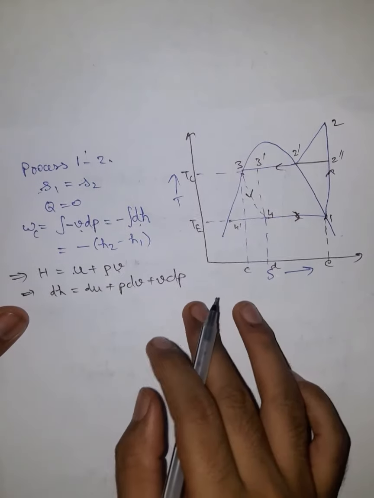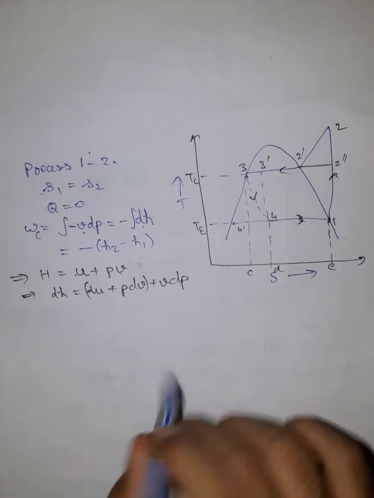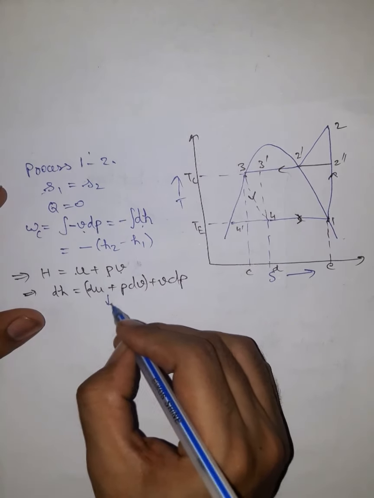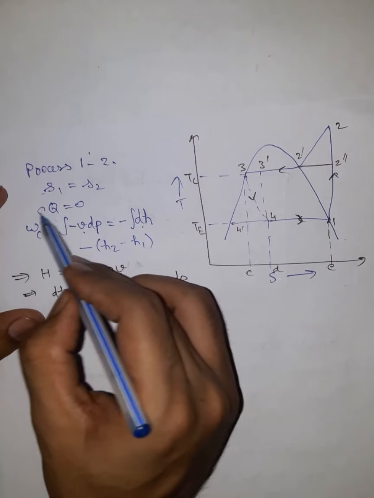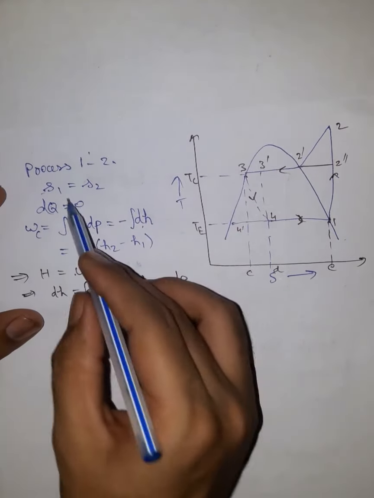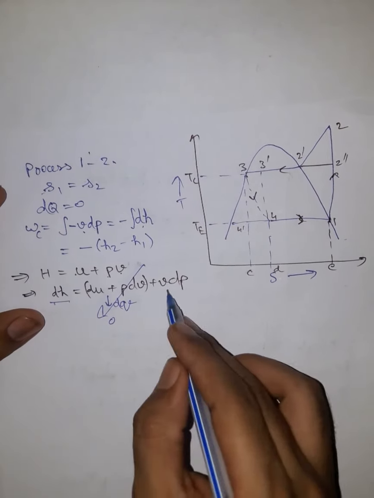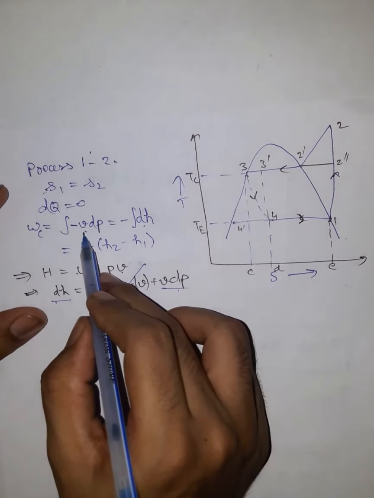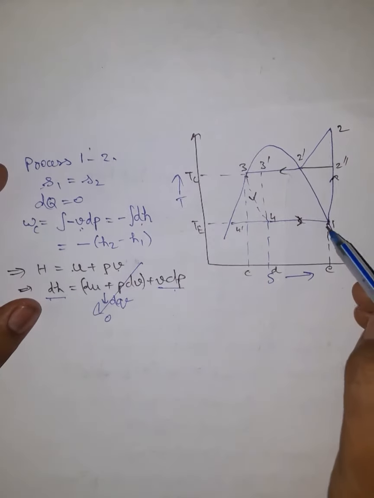Okay, this is the differentiation that is done. Now this term dU plus PdV is from the thermodynamics first law equal to the energy change dq, and we have already seen that dq for this process 1 to 2 is 0. So this term becomes 0. So dH is equal to VdP, which is being substituted over here. Okay, so that's all for the process 1 to 2.